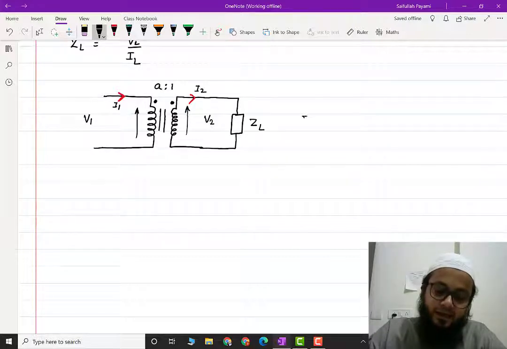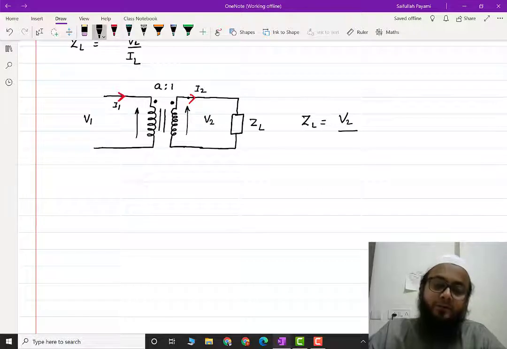Obviously this ZL would be given by, let's say the secondary terminal voltage is V2, and the current which this load is drawing from the secondary is I2. So ZL is V2 by I2.